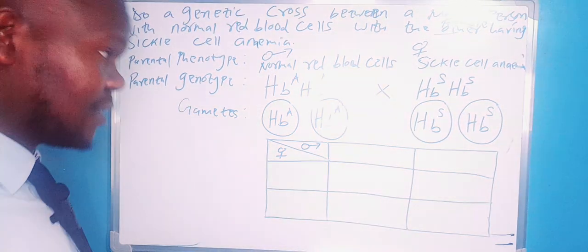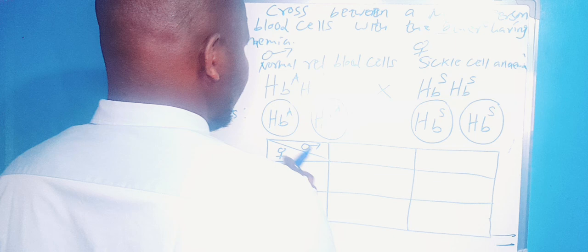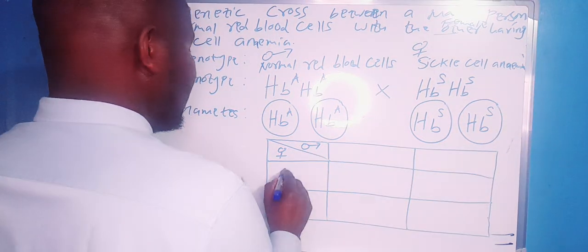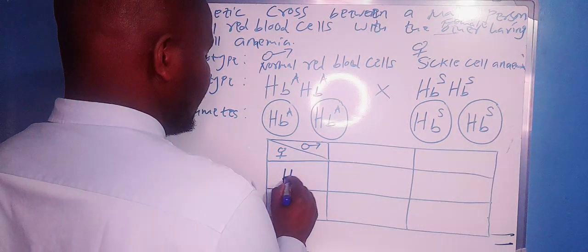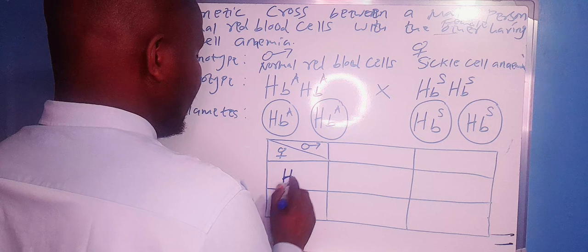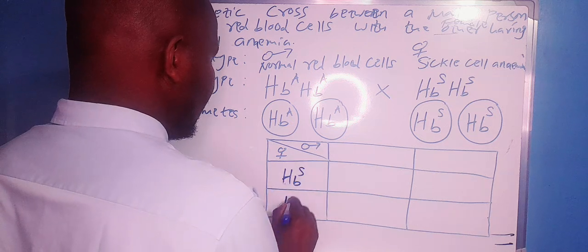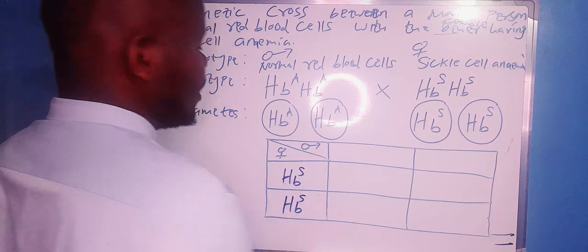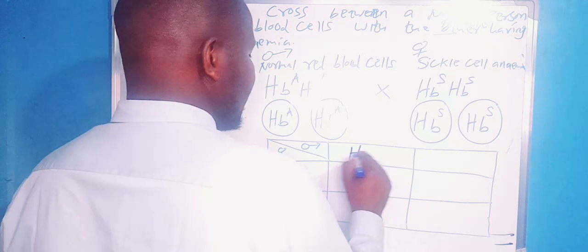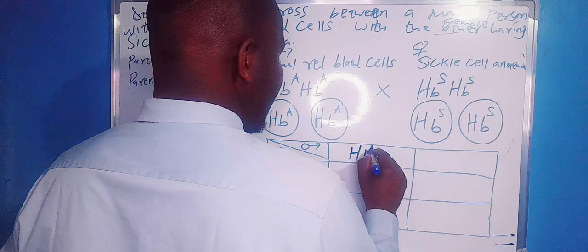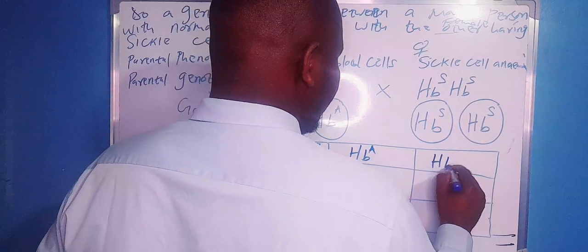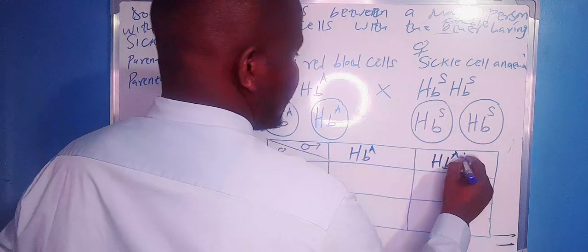Those are your gametes. The female is HbS, HbS. For the male it was HbA, HbA.